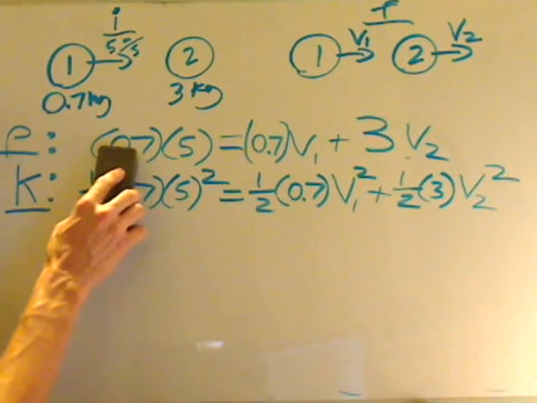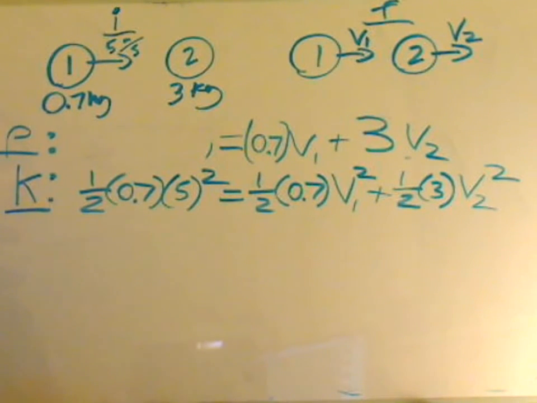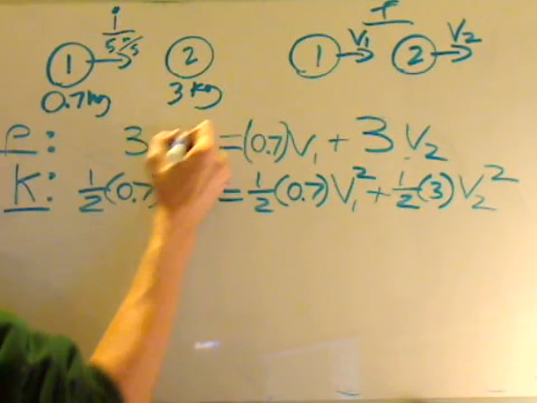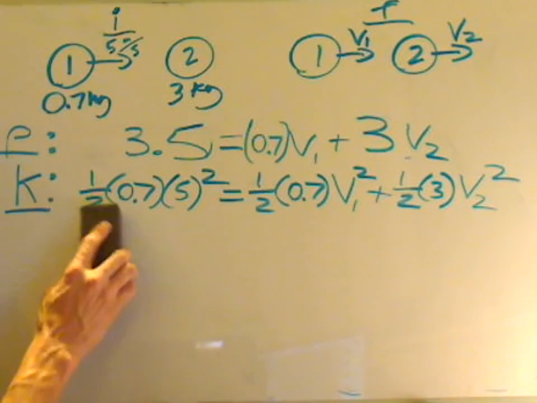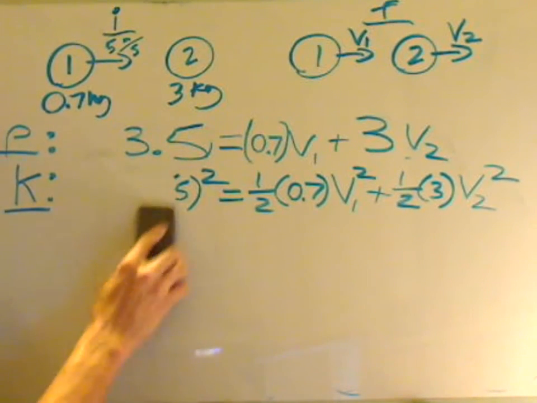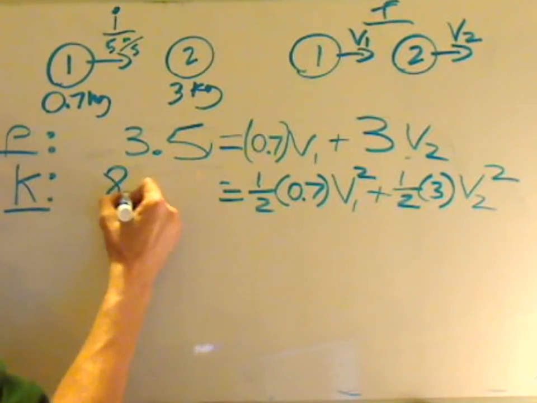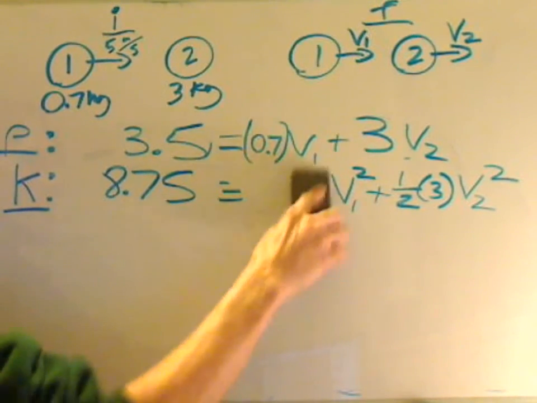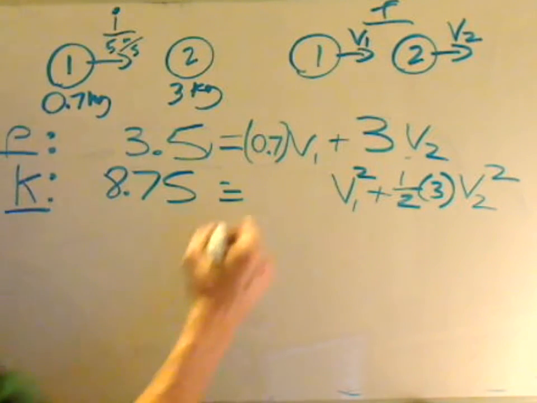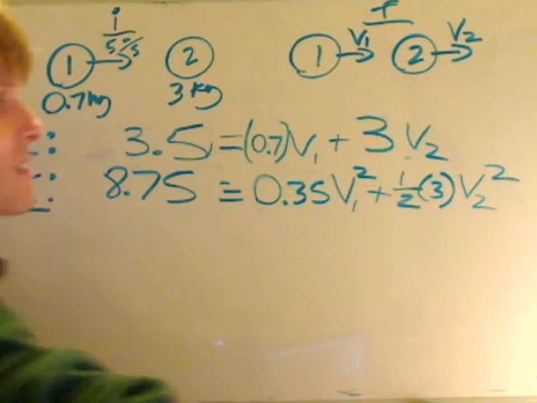Let's multiply some of this stuff out. 0.7 times 5 is 3.5. 1/2 times 0.7 times 5 squared is 8.75. One half times 0.7 is 0.35, and 1/2 times 3 is 1.5.